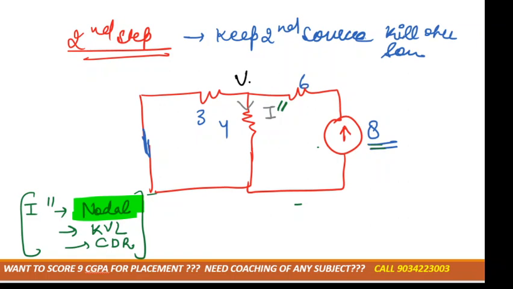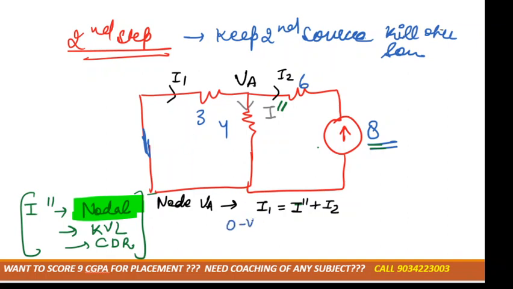We can consider this node as VA. This one is I1, this one is I2. At node VA, I1 is equal to I double dash plus I2. I1 is (0 minus VA) divided by the resistance 3. I double dash is (VA minus 0) divided by 4. What is the value of I2?